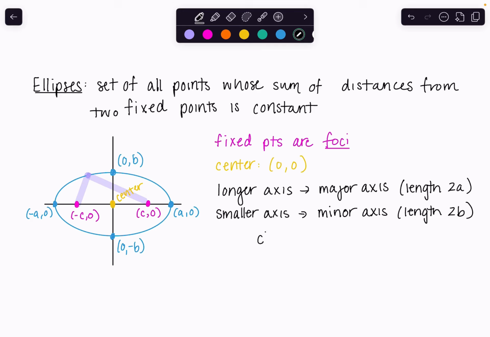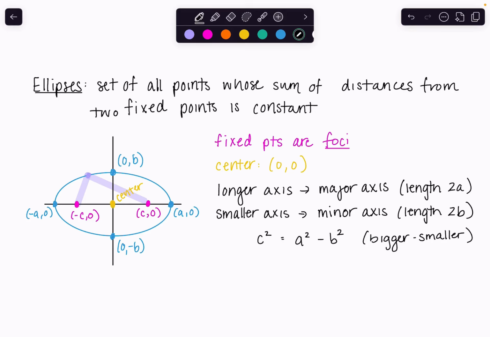So the value of c squared, which is what deals with the distance from the center to the foci, is going to be a squared minus b squared. So you don't necessarily need to remember this specific formula or be able to recognize which is a and which is b. Just think of this as the bigger value minus the smaller value, because I definitely don't want to end up with a negative value for c squared.